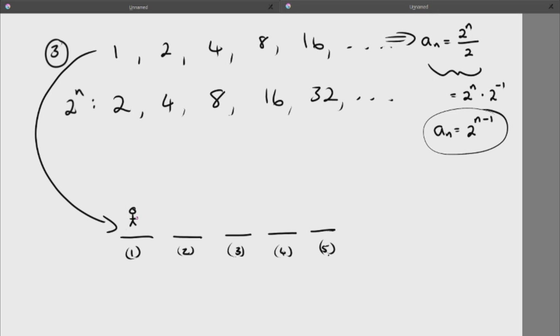So I plug in n equal to 1, and I get 2 to the power of 0, which is 1. The 1 I get, of course. If I now stand over here, now n is equal to 2. The position is 2. I plug it into the formula. I calculate the power of 2, 2 to the power of 2 minus 1.